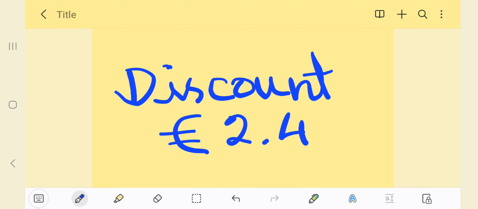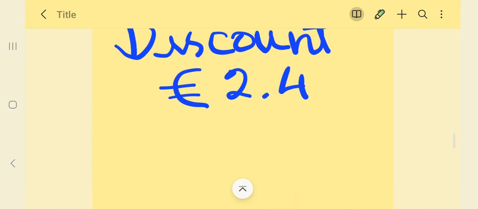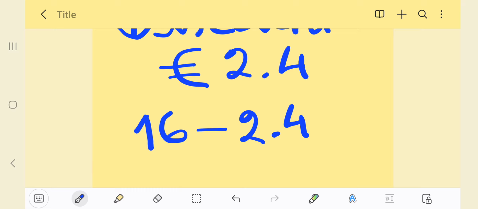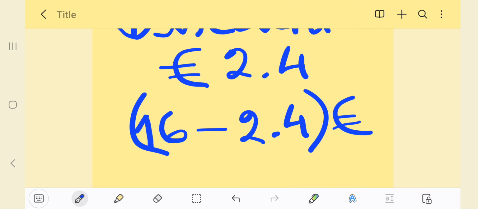It means the same. So the original price was 16 euro minus 2.40 euros. And after this we get how much we need to pay. We get the result after doing the subtraction here.